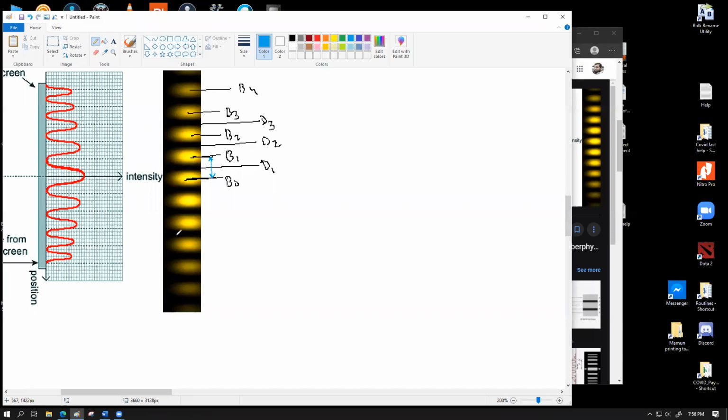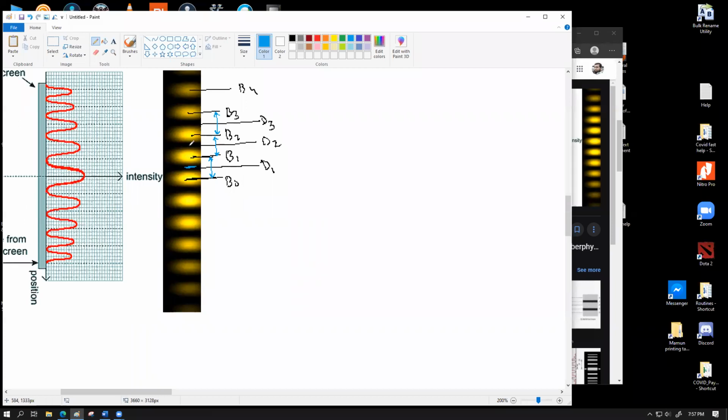You can think of the whole thing as produced by individual dark fringes stacked onto each other. This is the width of a dark fringe, this is another, and this is another. In the same way, this width of a dark fringe can also be said to be the fringe separation for the bright fringes, because one bright fringe to the next bright fringe is basically the width of this dark fringe.